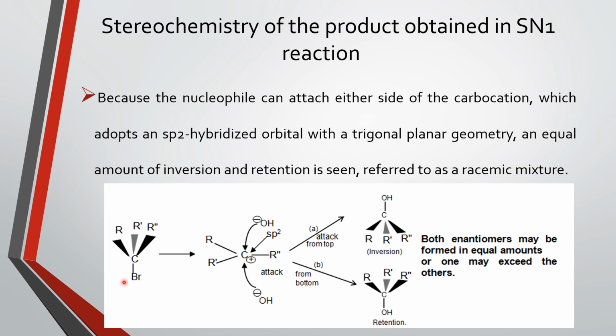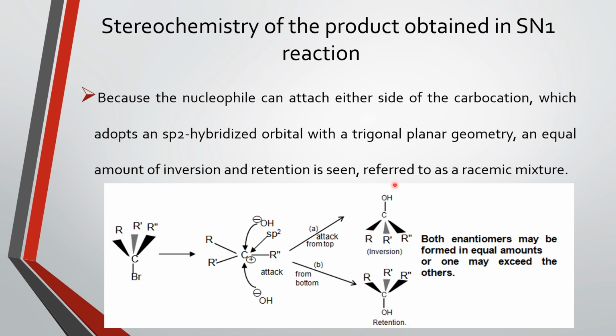If the substitution of the bromine atom by OH retains the configuration, so that OH is attached on the same side as the Br, then it is the retention product, where OH is attached at the bottom. It has retained the configuration, so it is a retention of configuration.